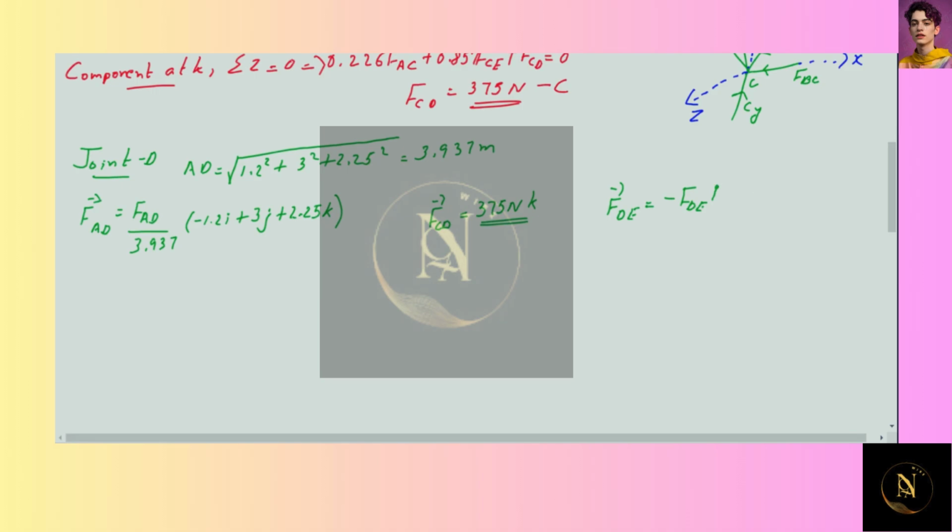Okay, now let's draw the diagram for joint D. If this is joint D, there will be DY, DZ, FCD, FDE and FAD.